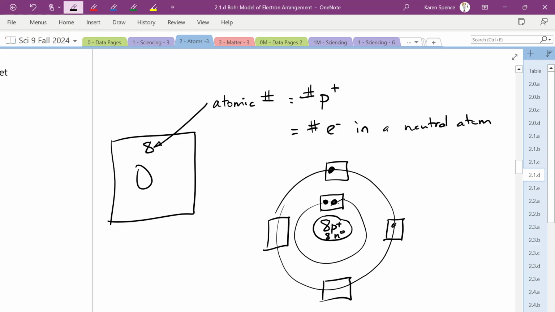The right side. 4. Where does 5 go? Bottom. 6. Left side. 7. Top. 8. Right. And we're out of electrons because we had 8. And that's it. Is that good? Okay.